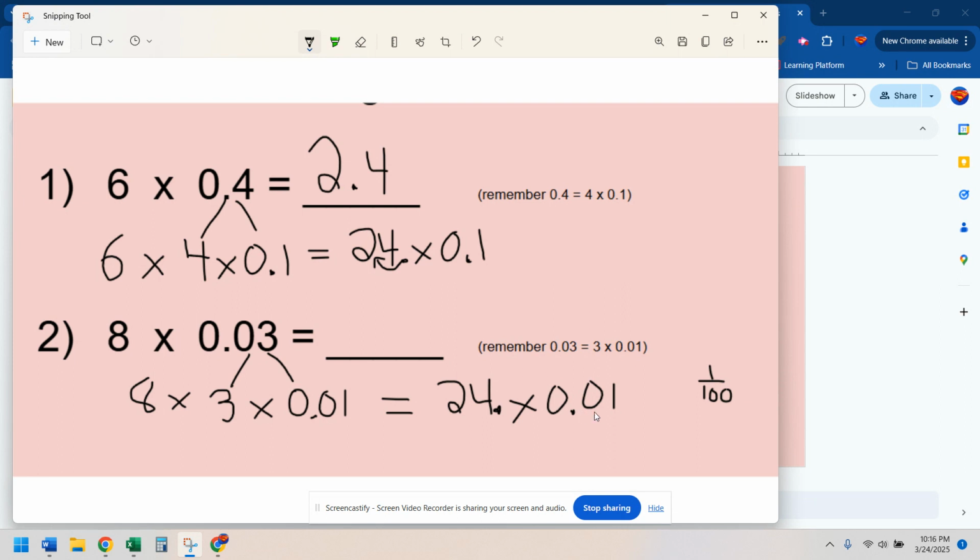With the decimal, it's 2 spots behind the decimal point. So I'm going to move the decimal 2 times. So once, twice, and the decimal point should be in front of the 2. So I end up with 0.24, or 24/100. Okay, so that's the answer to that one.